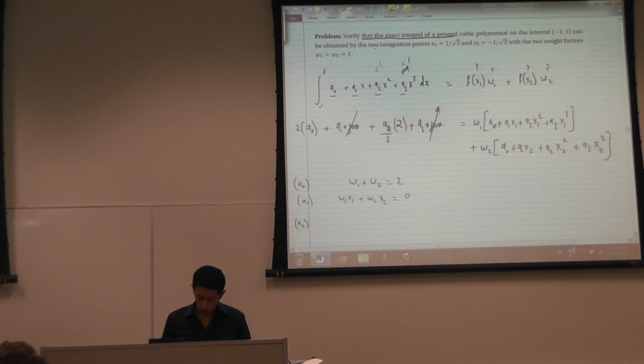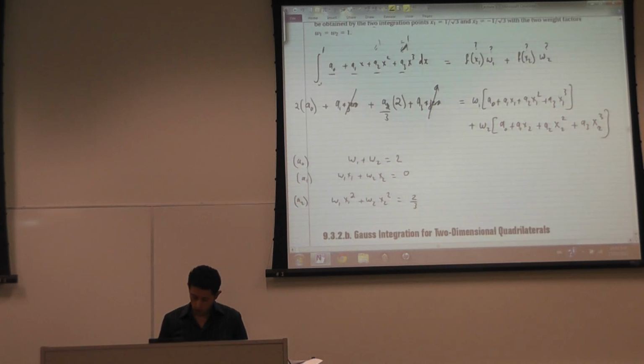A2: 2 over 3 is equal to W1 x1 squared plus W2 x2 squared. And finally, W1 x1 cubed plus W2 x2 cubed equals 0.